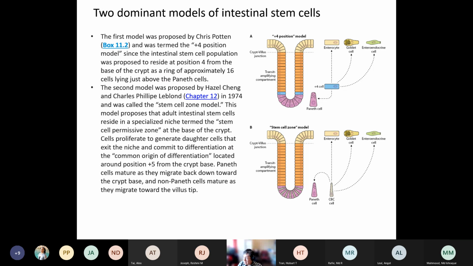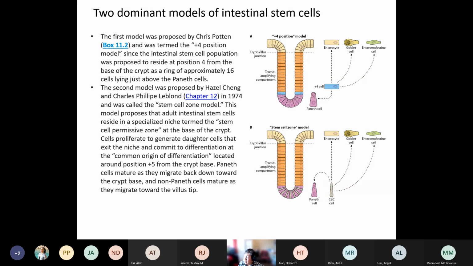Why do I say 16? Because remember, this is 3D, right? You have a tube here. Although you only see two cells, remember this is a tube. Along the circumference of that tube, you have collectively 16 cells at that so-called +4 position.